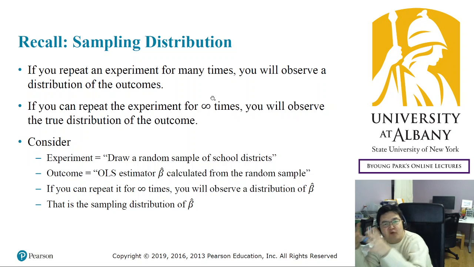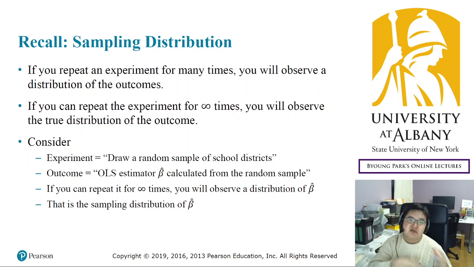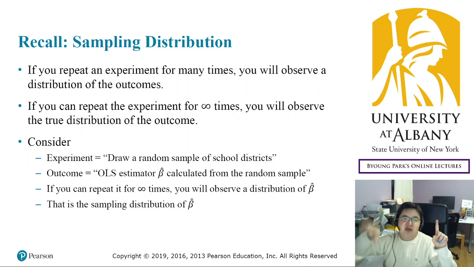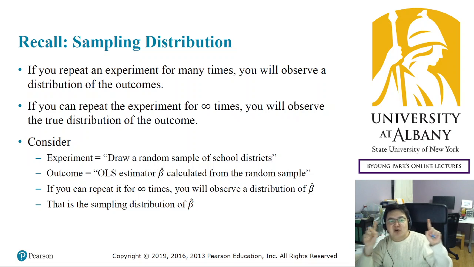From the 420 observations, you can calculate the regression coefficients, and that is the outcome from one experiment. So one experiment, one OLS estimate, right?